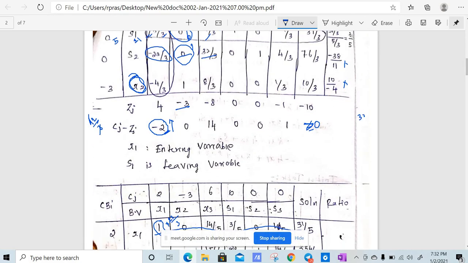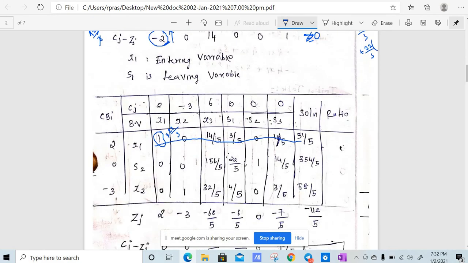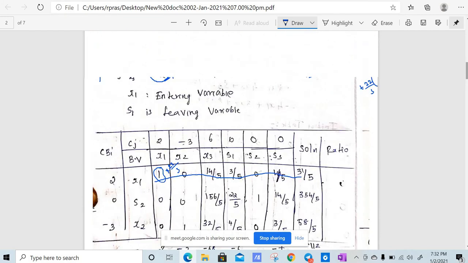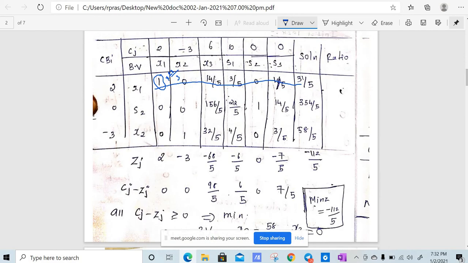We are multiplying plus 22 by 3 into this element, which is 14 by 5, right? Yes. In a similar way, you just have to make that operation to find this row, which turns out to be 1, 0, 14 by 5, 3 by 5. I need to make these two elements 0. We are just making some row and column operations, that's it.